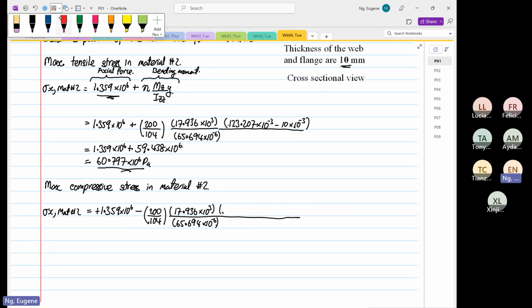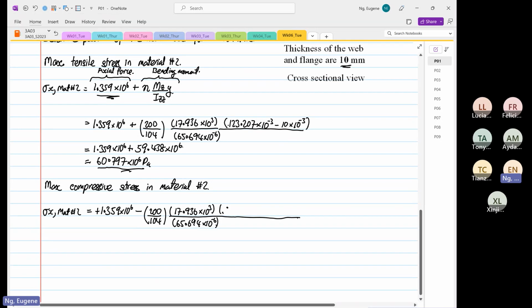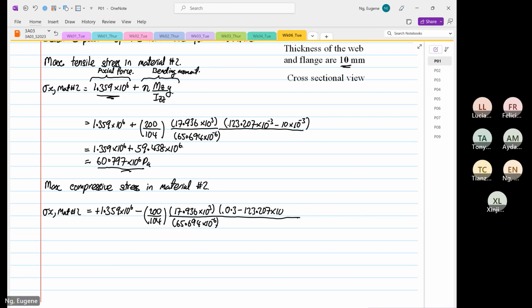Okay, so this will be equal to 0.3 minus 123.207 times 10 to the power minus 3. Okay, so this is equal to 1.359 times 10 to the power 6 minus (0.3 minus 123.207 times 10 to the power minus 3) times 17.936 times 10 to the power 3 divided by 65.694 times 10 to the power minus 6, times 200 divided by 104. Let me do it again.